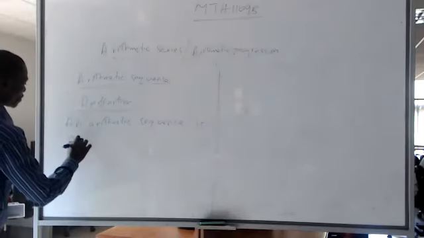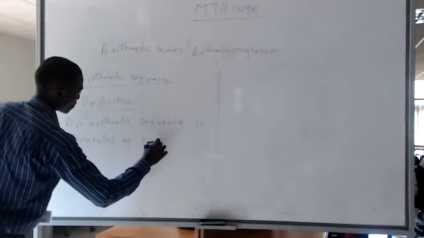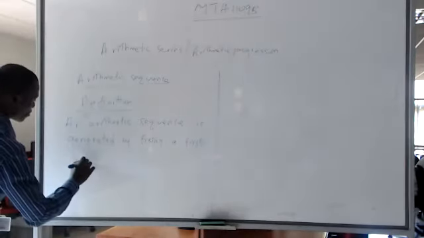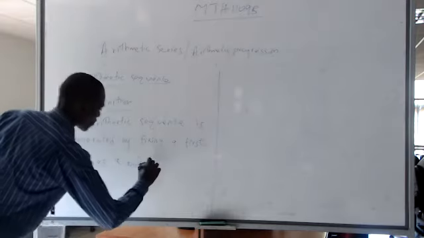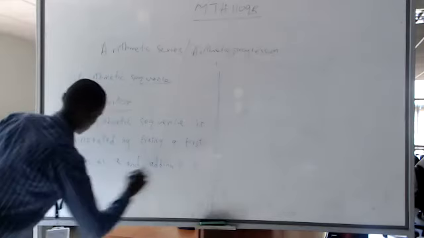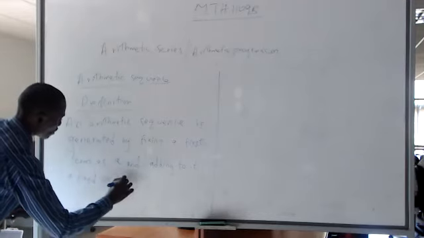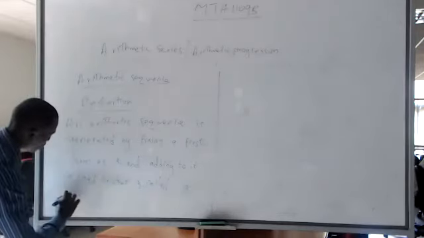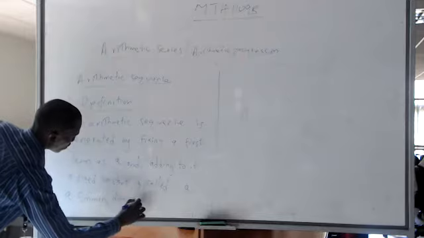is generated by fixing a first term as A and adding to it a fixed constant D called a common difference.